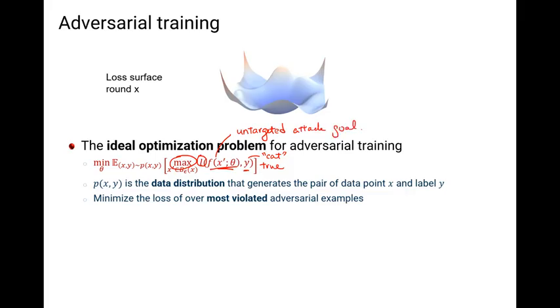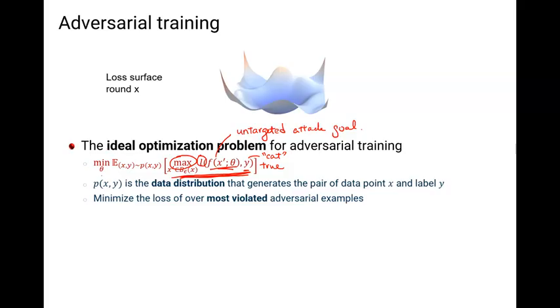So we'll modify our training goal to something like this. We want to maximize the loss in the inner loop, so they deviate away from the ground truth label.